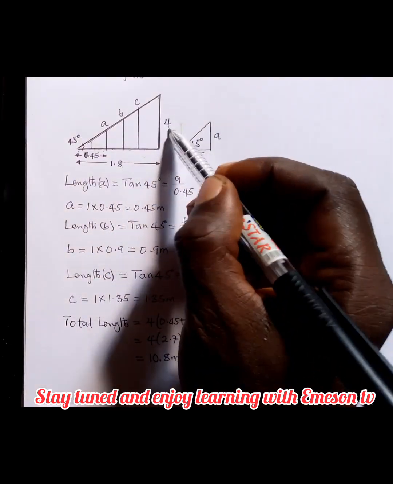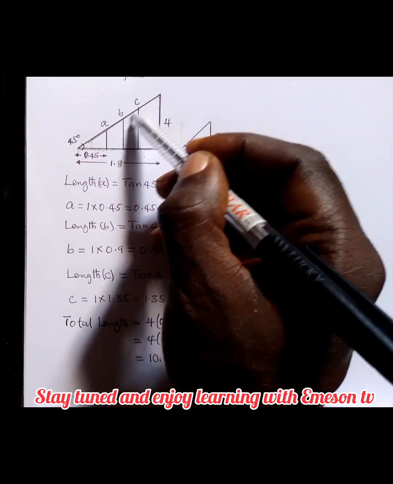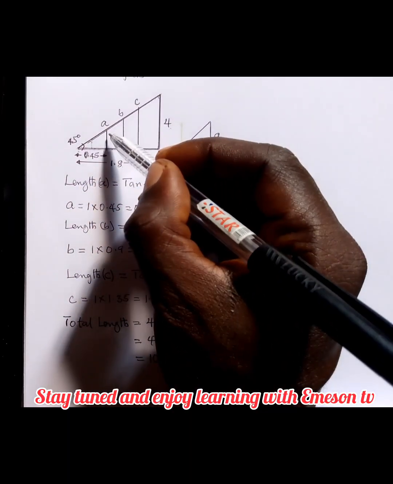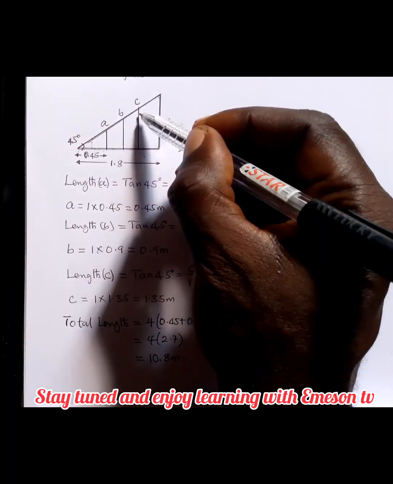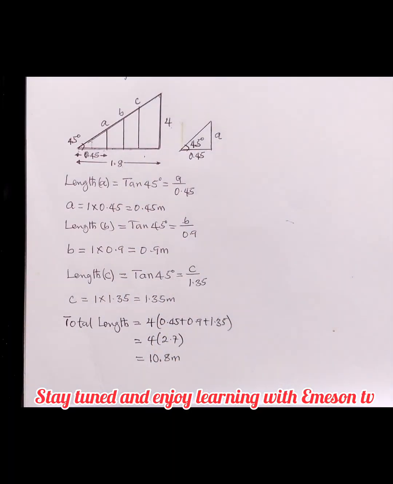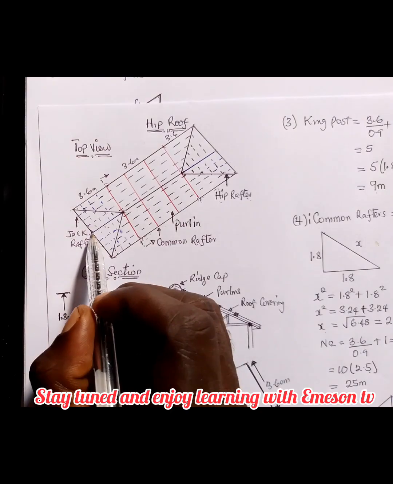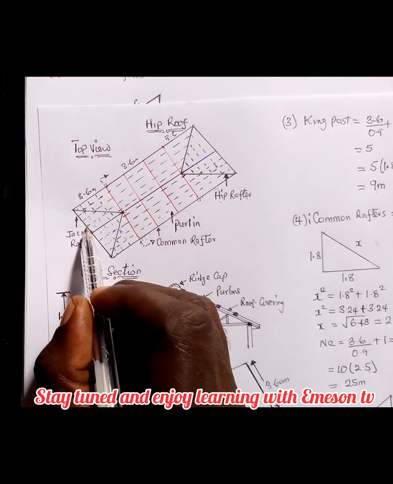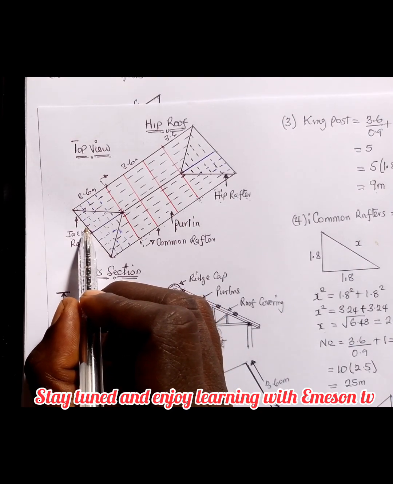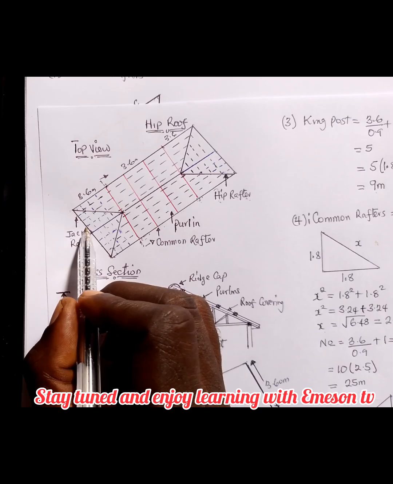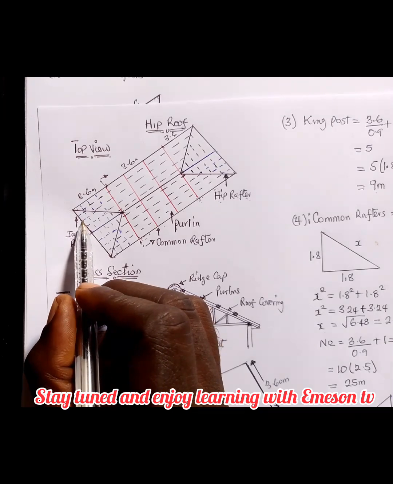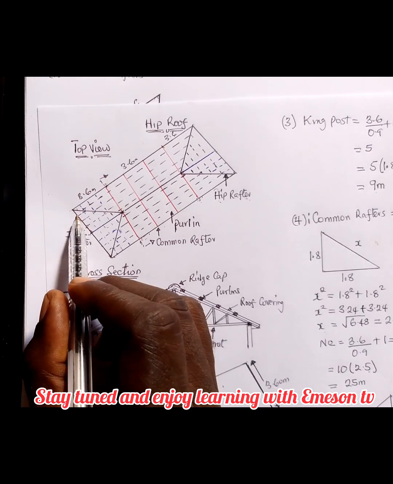This is our common rafter, which is 4 meters. I think this length is not important in this calculation. What we want to know is the length of one jack rafter. When you look at this plan, if you move from this common rafter some distance, you get one jack rafter. From this point, you get another jack rafter. From this point, you get another jack rafter.